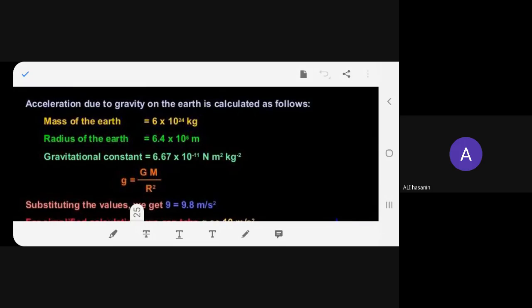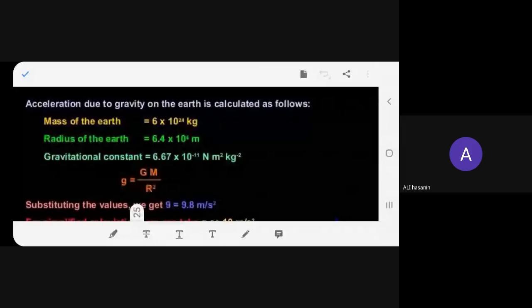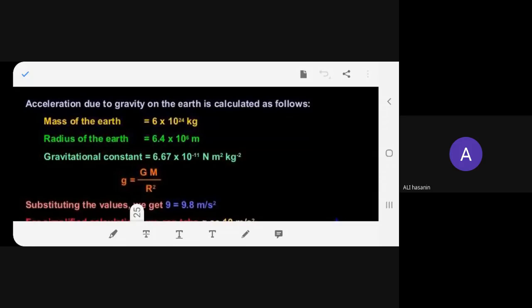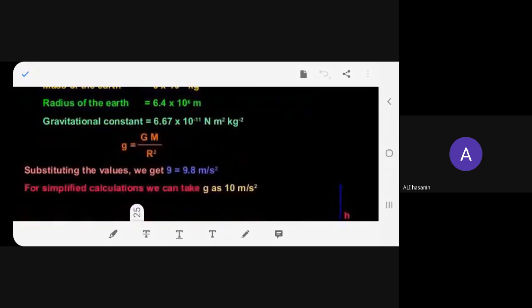Acceleration due to gravity on the Earth is calculated as follows. Mass of the Earth is equal to 6 into 10 raised to 24 kilogram. Radius of the Earth is equal to 6.4 into 10 raised to 6 meter. Gravitational constant is equal to 6.67 into 10 raised to minus 11 Newton meter square per kilogram square.